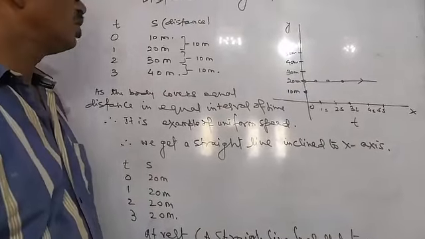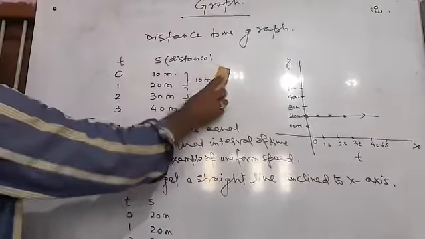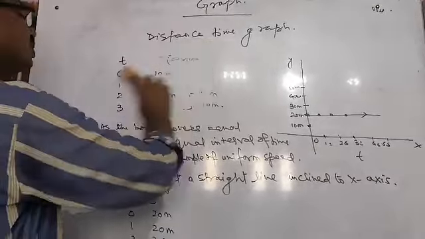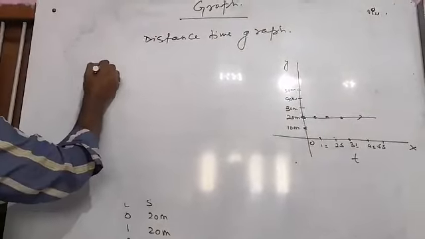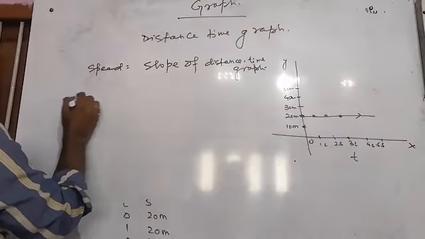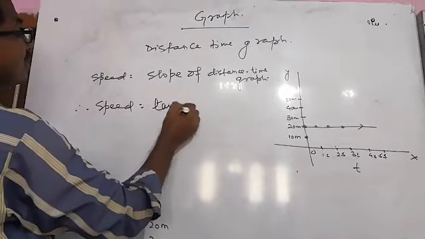That's very important. So we can obtain speed from a distance time graph. And how will we obtain speed from a distance time graph? Speed is equal to the slope of the distance time graph, and therefore speed is equal to tan theta.